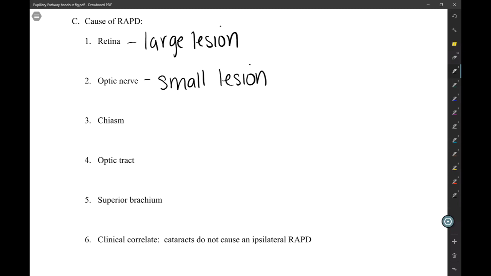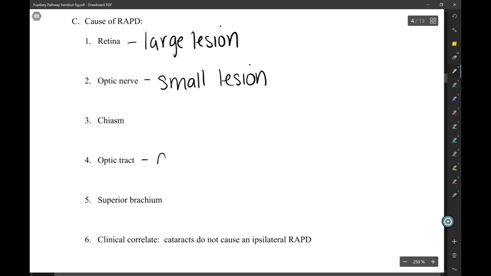A lesion of the chiasm may cause a relative afferent pupillary defect if the fibers from one eye are affected more than the other eye. A lesion of the optic tract causing a complete homonymous hemianopia will actually cause a relative afferent pupillary defect on the contralateral side.